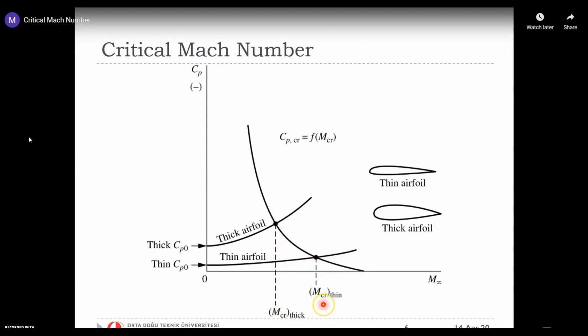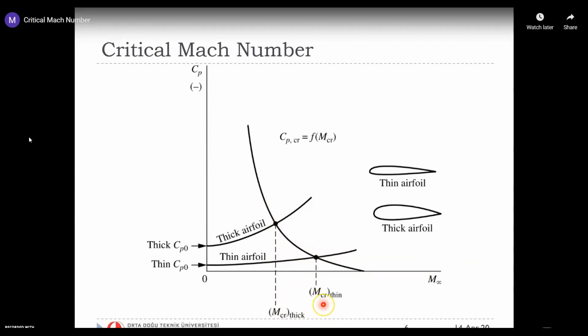Okay, so let me ask you guys a question at this point. This plot is for a thick airfoil versus thin airfoil. You may understand what happened here.